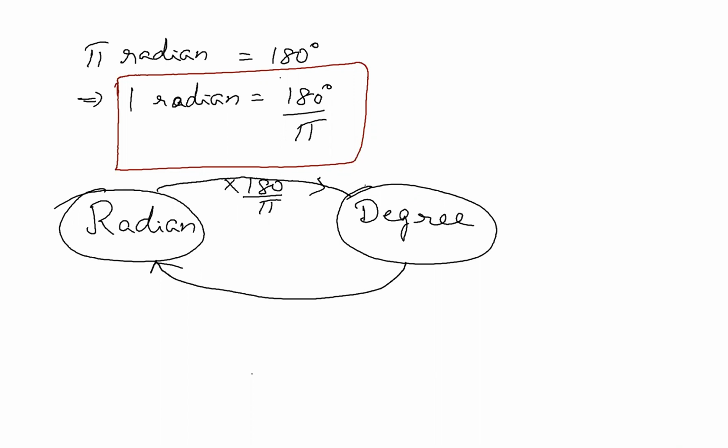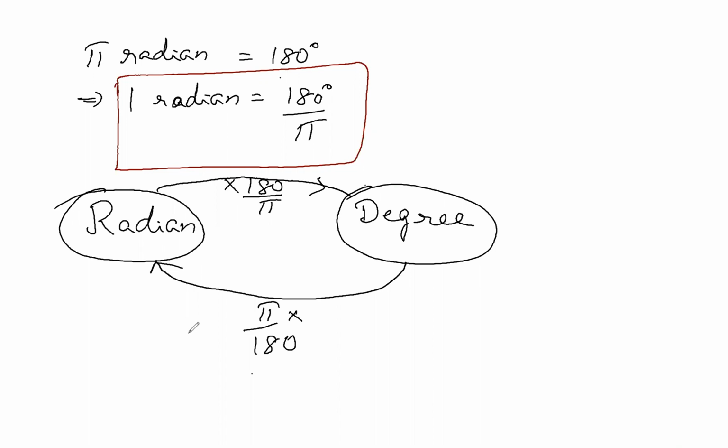Divide by 180 by pi means we can write this as multiply by pi by 180. So to convert degree to radian, multiply by pi by 180 or divide by 180 by pi. So this conversion is also very important. To convert radian to degree, multiply by 180 by pi, and to convert degree to radian, multiply by pi by 180.